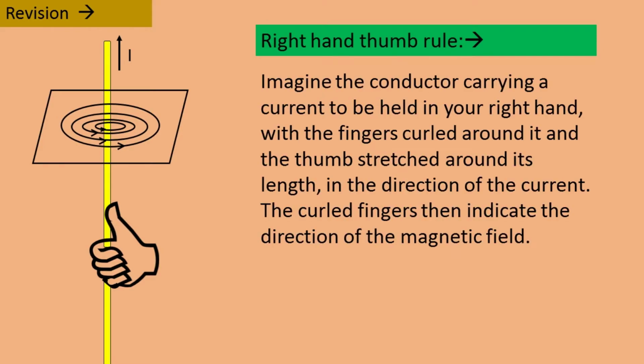Therefore, imagine the conductor carrying a current to be held in your right hand with fingers curled around it and the thumb stretched along its length in the direction of current. The curled fingers then indicate the direction of magnetic field.